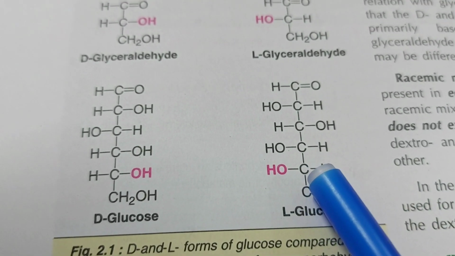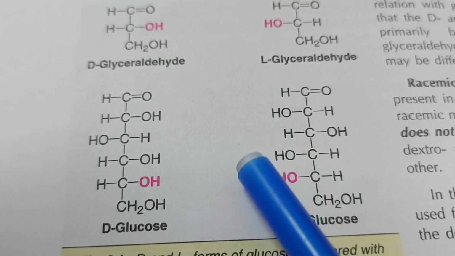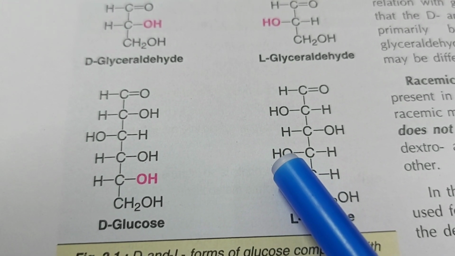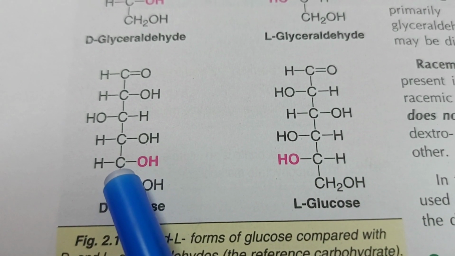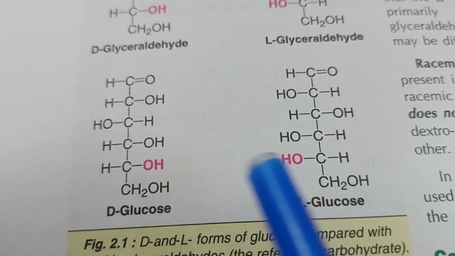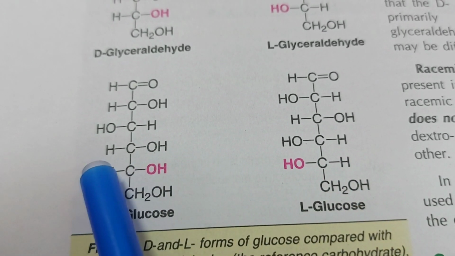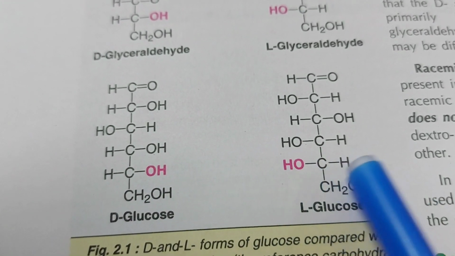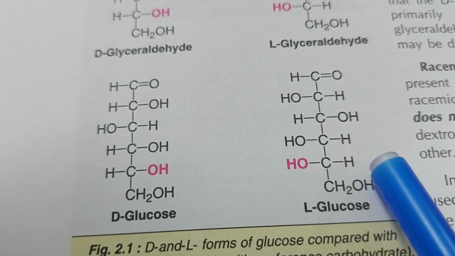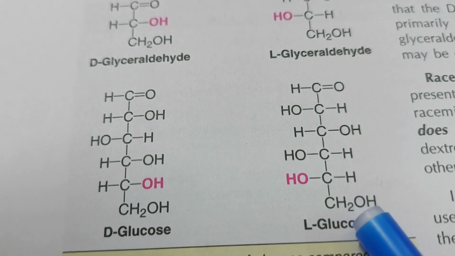In the fifth carbon, the hydroxyl group is attached on the left side and hydrogen on the right side. So there is a rotation of the functional groups of the fifth carbon of the glucose molecule, and now we call this glucose L-glucose.